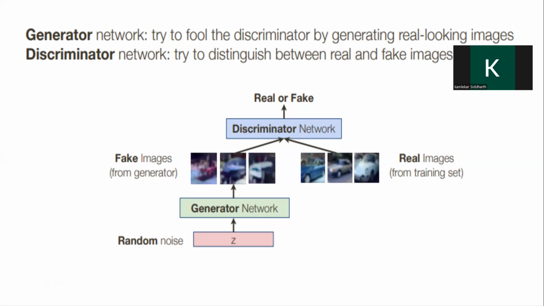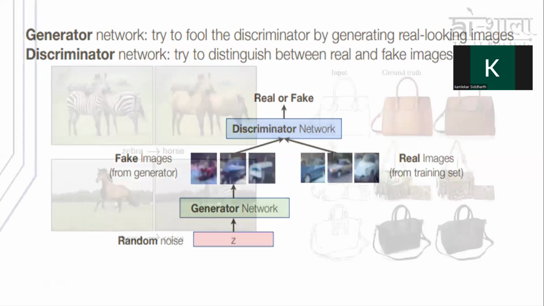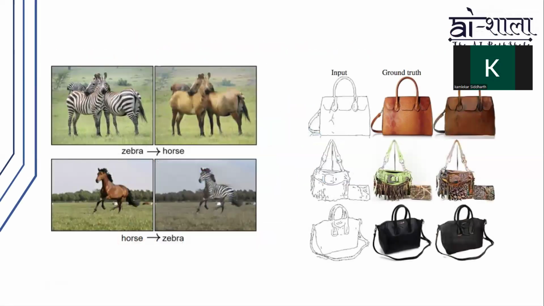So this process goes on until the generator creates a perfect fake image, and the discriminator is trained until it's perfectly accurately able to detect whether the given image is fake or not. Okay, so this is the example where an image is given and the generator tries to generate the exact image with a different fake image.